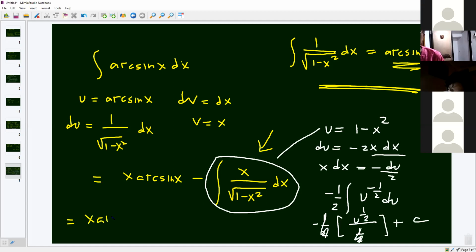Finalize my integral: x arc sin x, minus, we know this is a negative, kaya magiging plus, and then the whole thing would become u to the 1/2 plus c, and my u is square root of 1 minus x squared plus c. See that, guys? Nakita yung mistake ng iba, sign sa gitna. Then, don't forget the techniques prior, lalo na yung substitution.